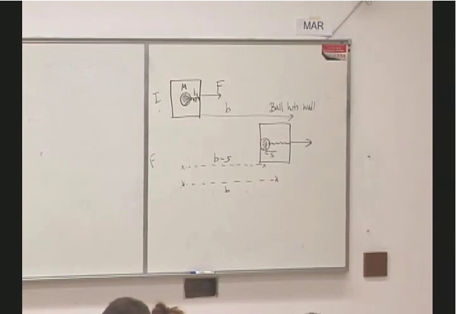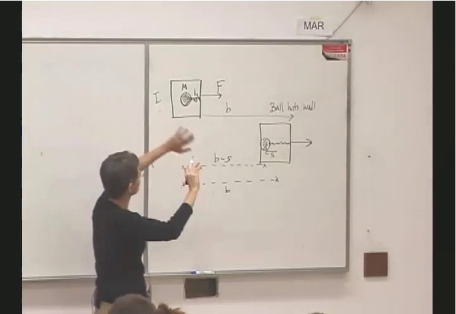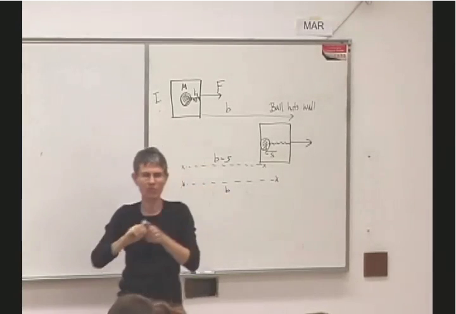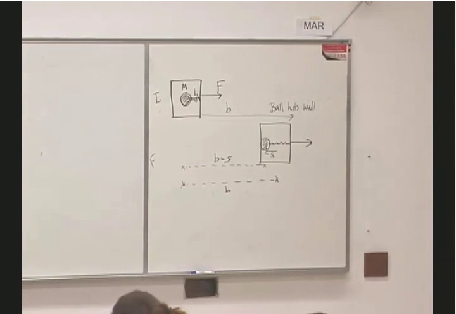Okay, so now if Superman comes along and takes this big globby box and spring and ball and squashes it down to a point, we now have a point particle system.